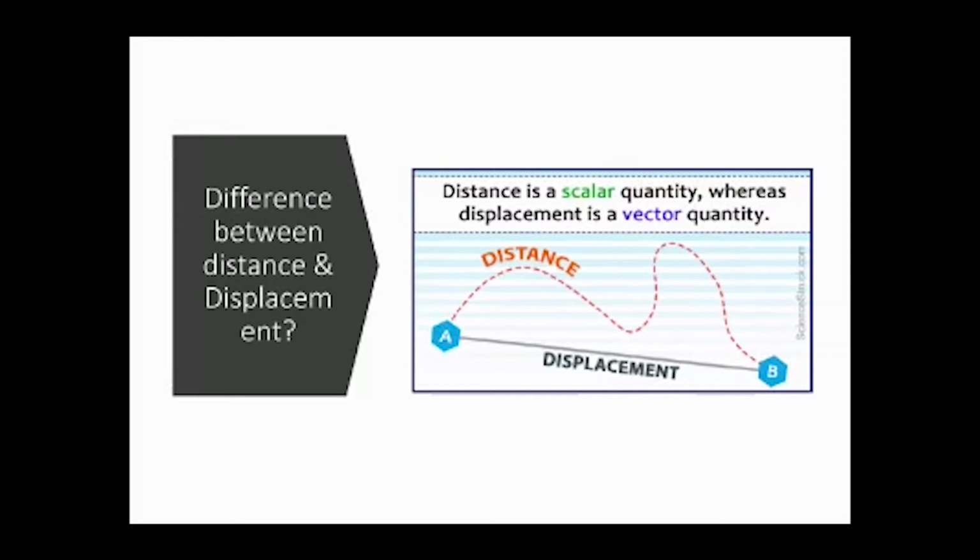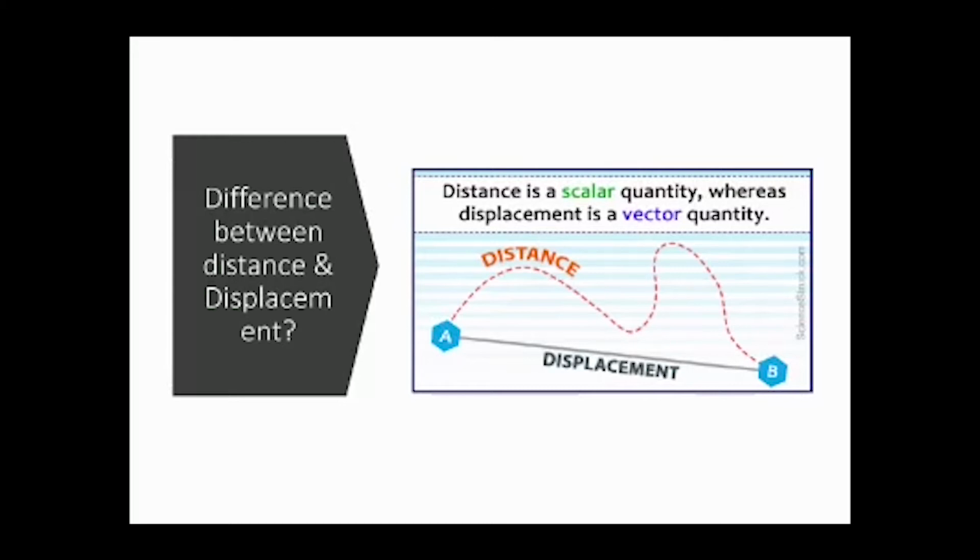But displacement is the shortest distance between 2 points, from point A to point B. So it has direction as well as magnitude. Displacement refers to the measure of how far out of place an object is.